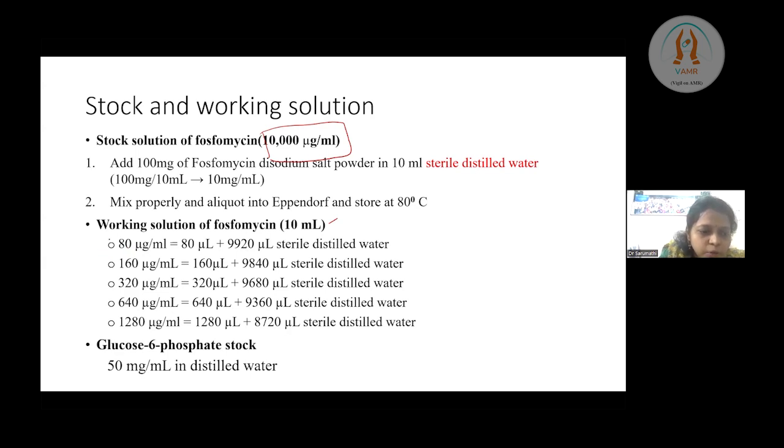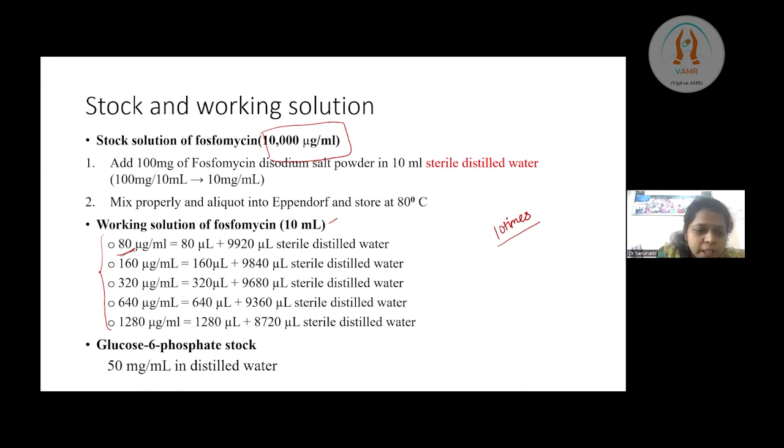As I told, there are 5 different concentrations, and as the drug is getting diluted 10 times in the molten MHA agar plate, we are taking the drug concentration into 10. So 80 microgram we have to prepare as the working solution. While adding it in the MHA plate, it will become 8.